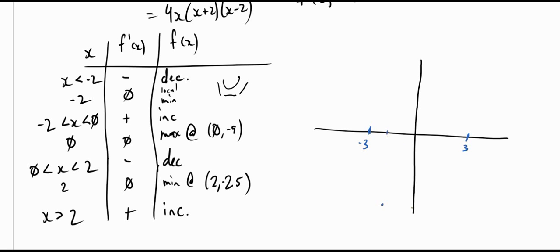I'm going to put a point way down here. This is negative 25. And then another one here. This is positive 2, negative 2, and I'll just add those in. And 2 and 25. Let's see, 0 and 9 was an important point as well. And is that all of them? So we start up here.